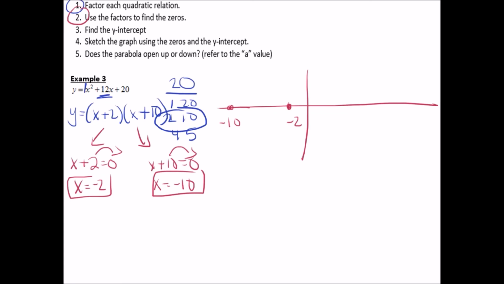Okay, we're going to find the y-intercept. That's, again, when x equals 0. y equals 0 squared plus 12 times 0 plus 20. So those two go to 0, y equals 20.